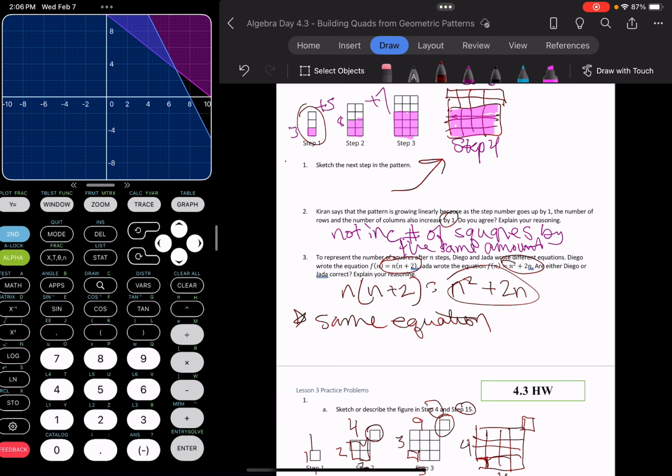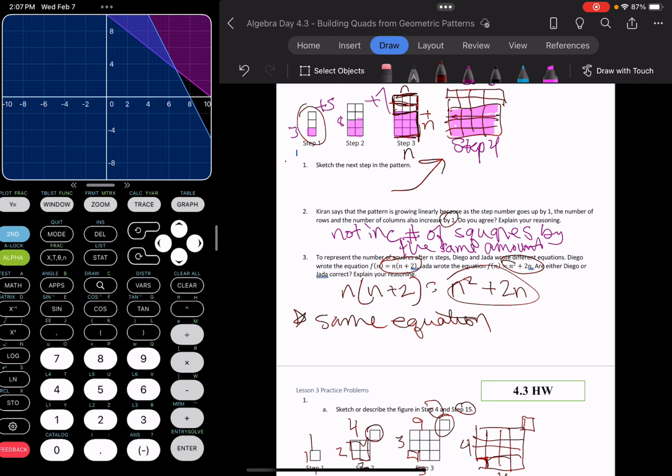And the reason is, and I'll show you an example here, we have n times n, so n squared, plus we have an additional n that we're multiplying by, and we're doing that twice, because there are 2 stacks there.